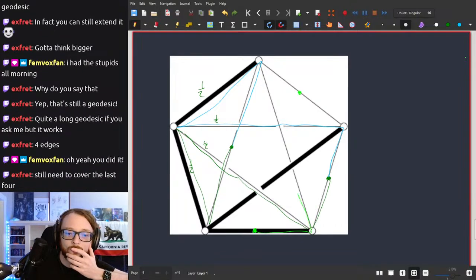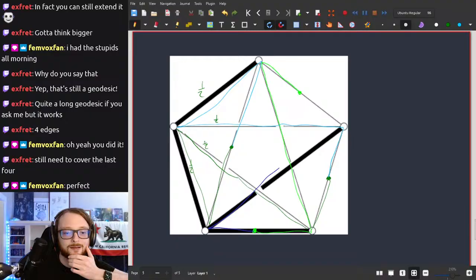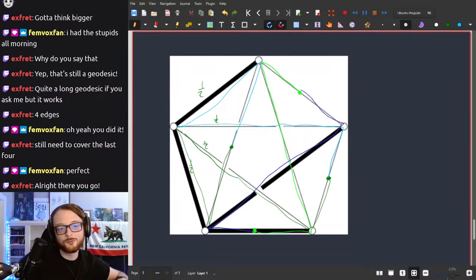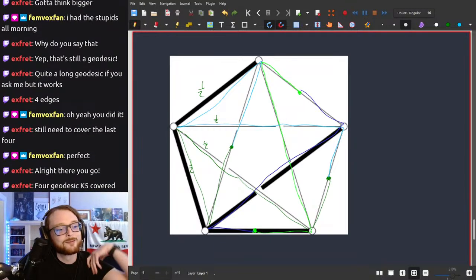Because then I can do the reflection of that path too. Yeah, there we go. Whew. Four geodesics, K5 covered.